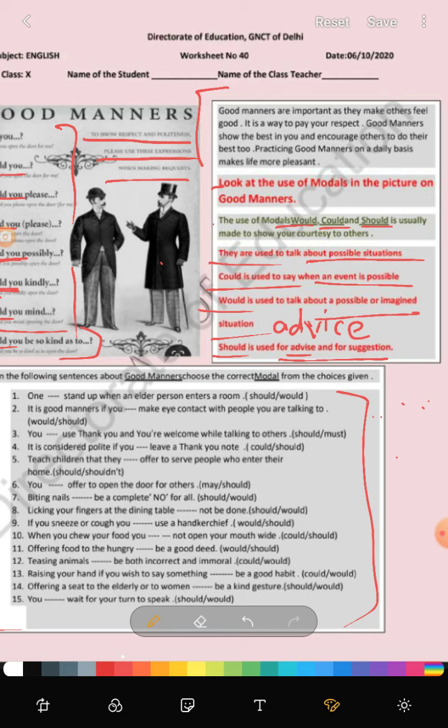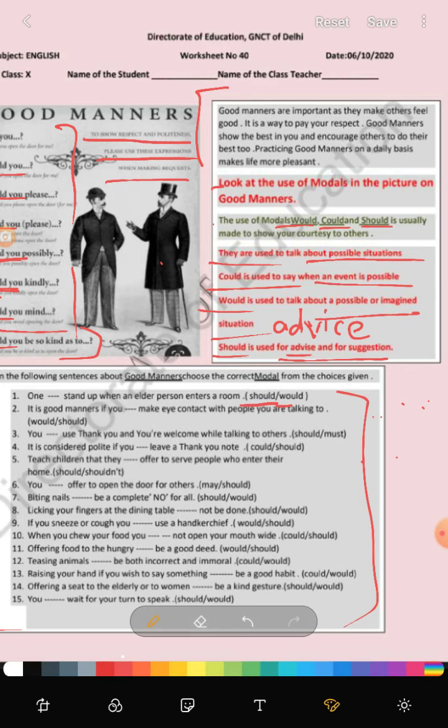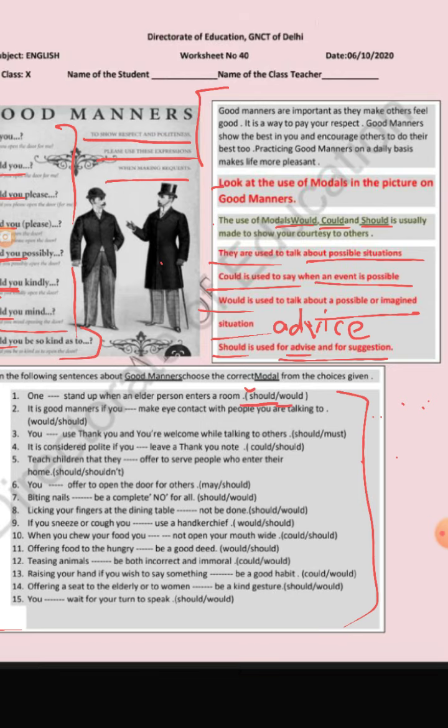Number one: stand up when an elder person enters a room. Would is used for an imagined situation, and should is used for advice. Now when some elder person comes to your room, then you should stand out of respect. So this is a suggestion.